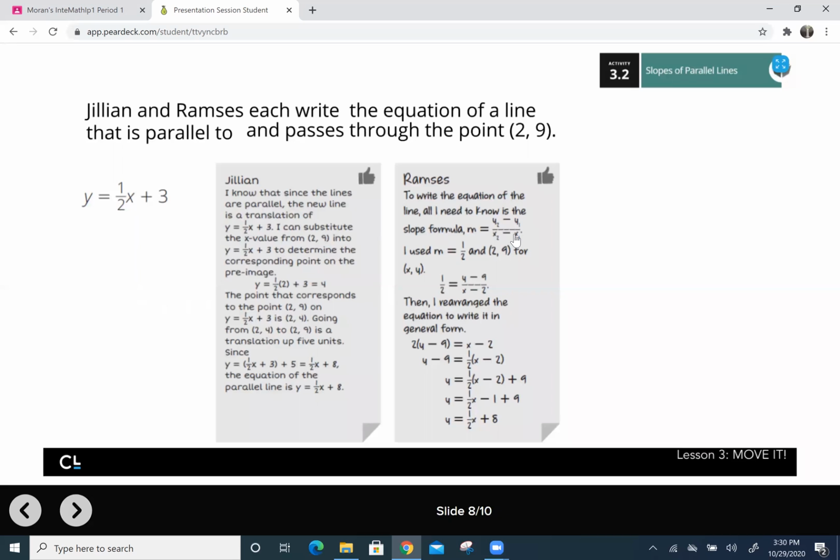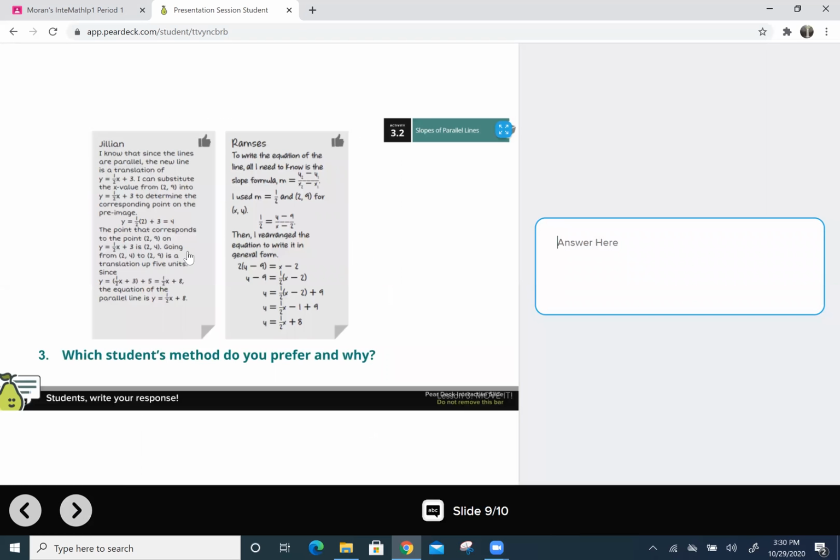I can show you how to get the steps, but maybe on another occasion. Okay, so which student method do you prefer? It's up to you, but you will probably prefer Jillian's method, just because that's the method that Mr. Matt has taught me.